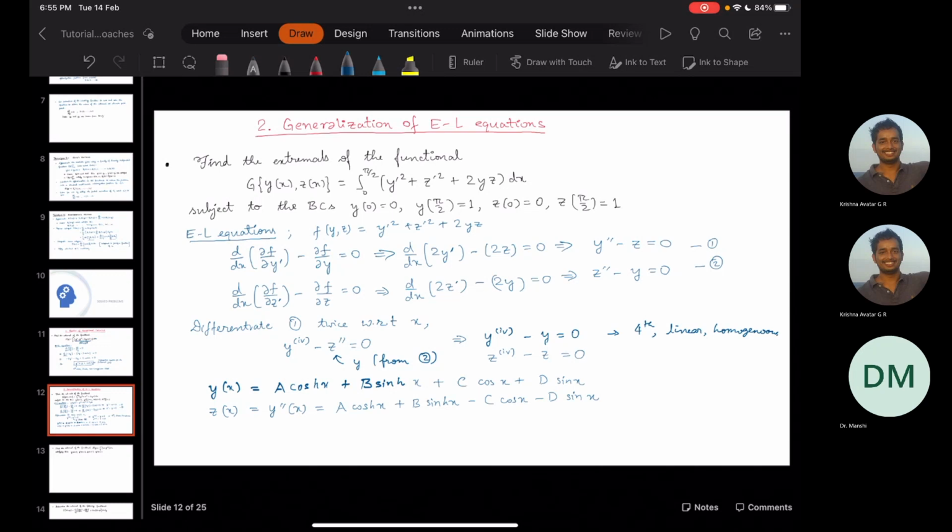Yeah. So let's take a look at the expression for y of x and z of x. Okay, the first term, which is a cosine hyperbolic, is the same. B sine hyperbolic is the same. But for the third and fourth terms, the plus takes a form of minus in both the terms. In order for both the solutions to be equal, what can you conclude?